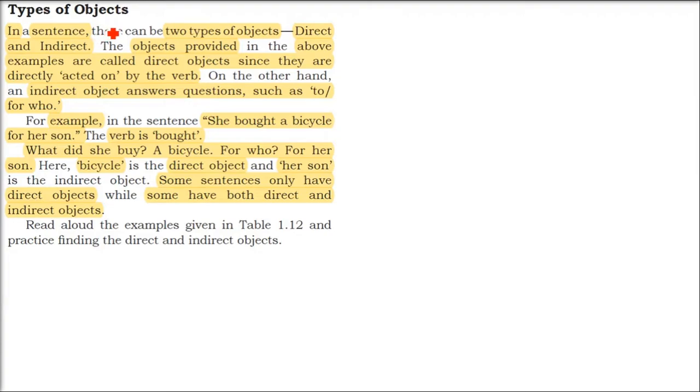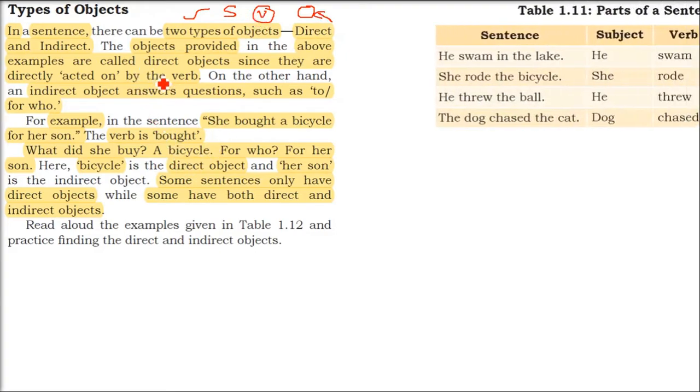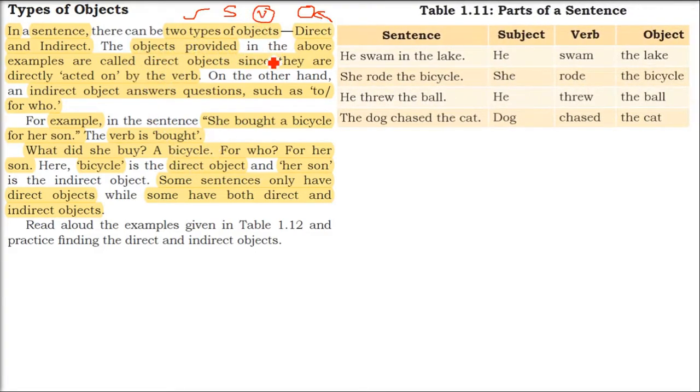What are the types of objects? Almost every sentence in English has a subject which does something. On whom it does is the object, and what it does, the work, the action, is the verb. In a sentence, there are two types of objects: direct object and indirect object.